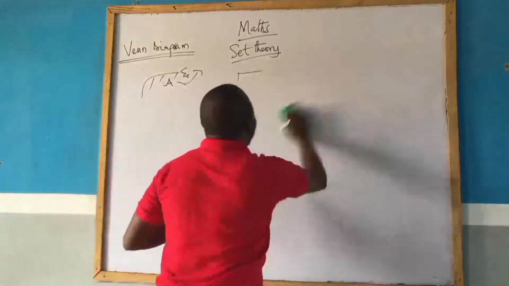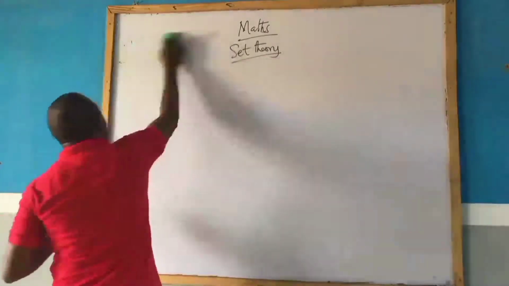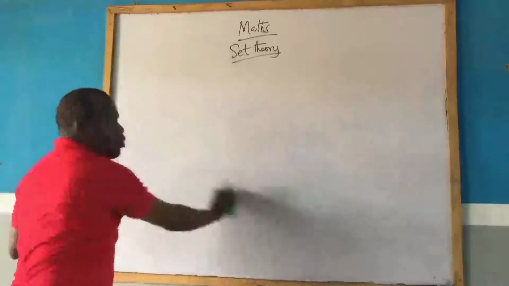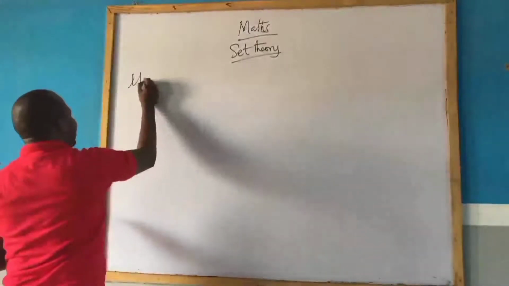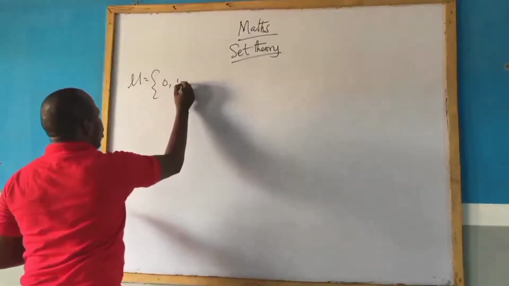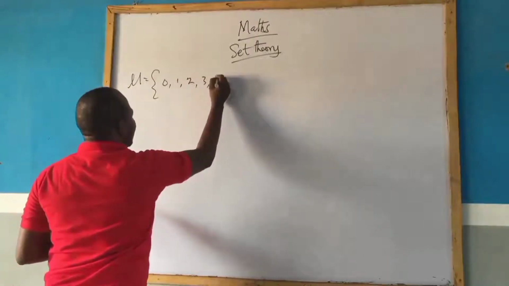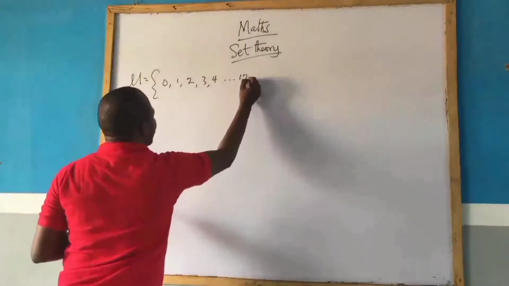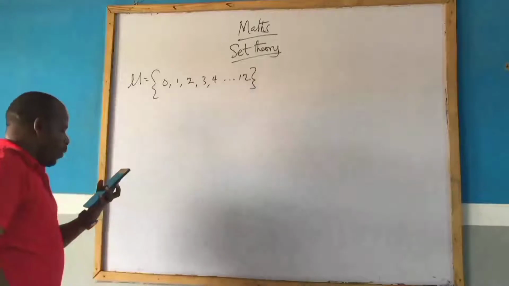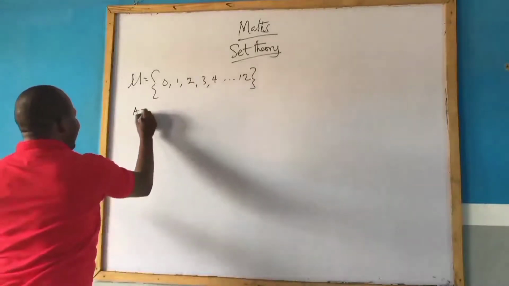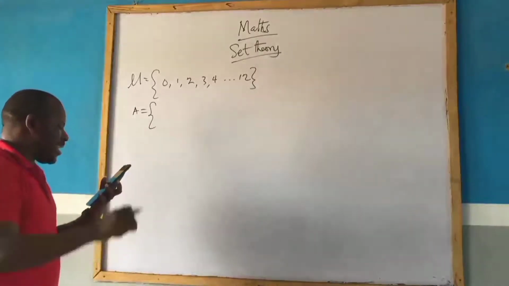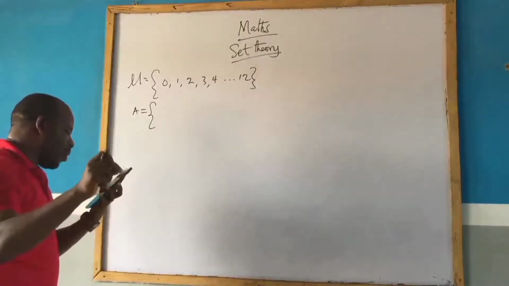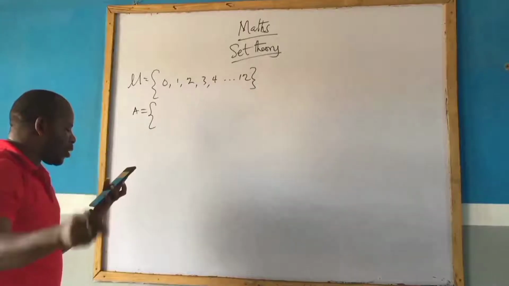Now, every mathematical problem has a solution. So we're going to look for a mathematical solution to this question. We have universal set 0, 1, 2, 3, 4, up to 12. We have A. They said A is x such that 0 is less than or equal to x and x is less than or equal to 7.